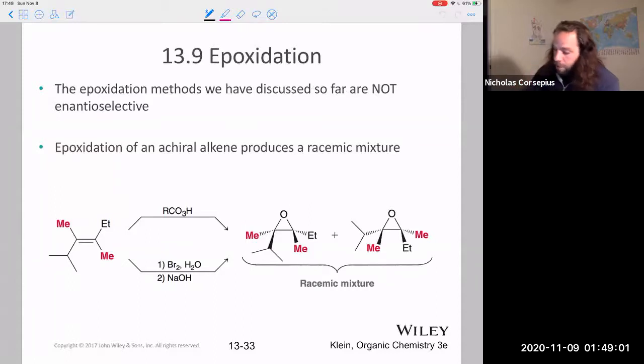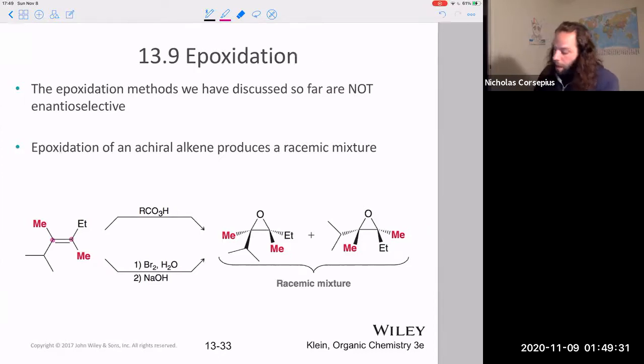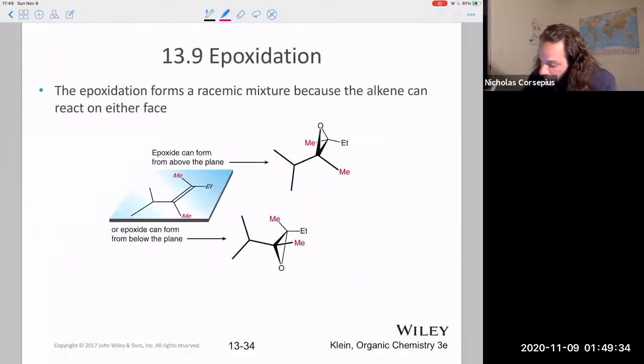Where that becomes especially important is when you have these two new stereocenters that are produced, you will then get a racemic mixture of two different products. Notice that these are only two of four. Well, I guess you couldn't possibly have the other two diastereomers. So yes, you would get a racemic mixture here because you would have addition from the top, right?